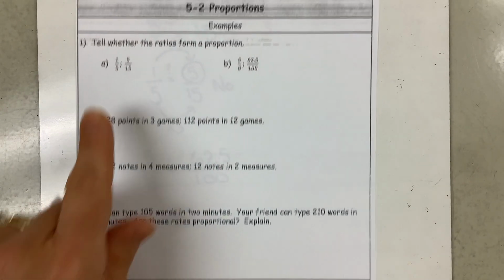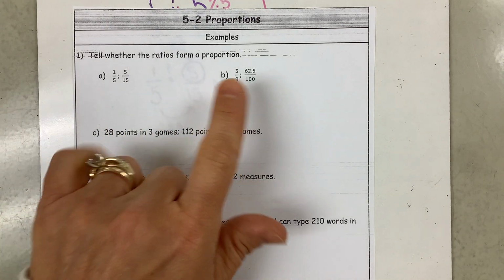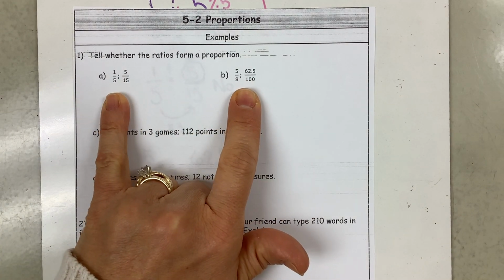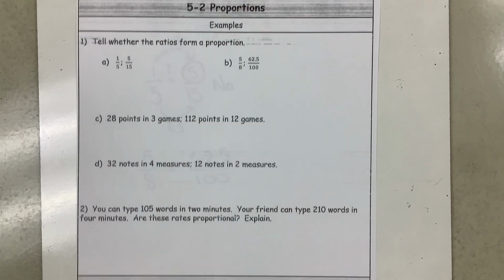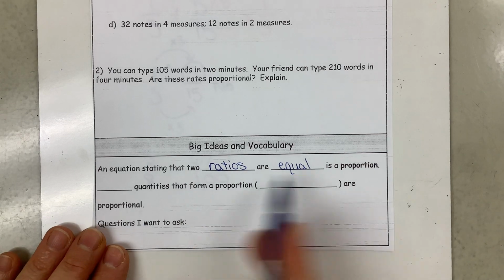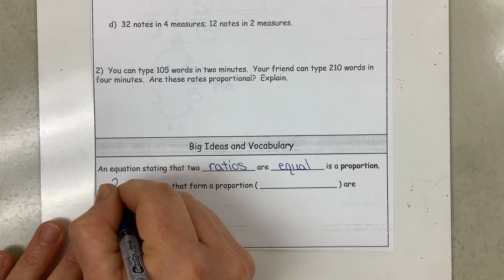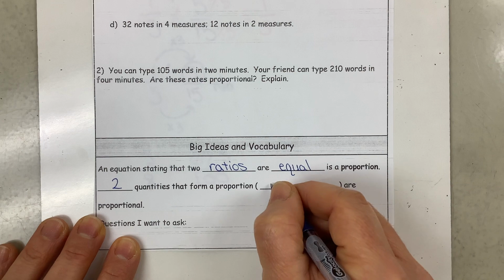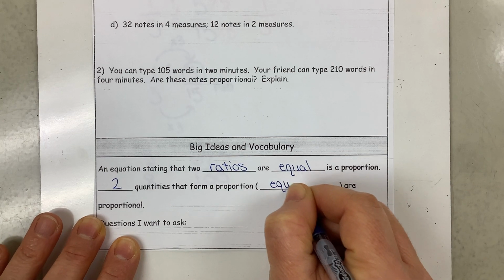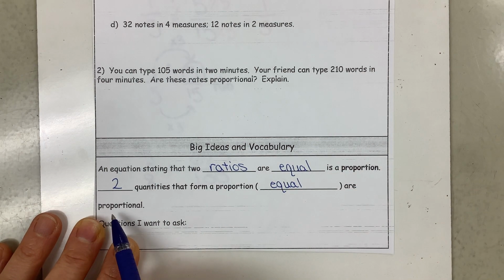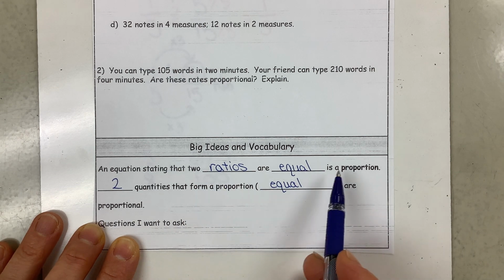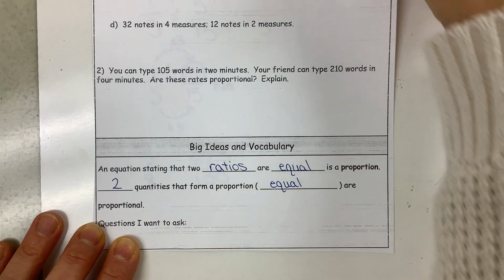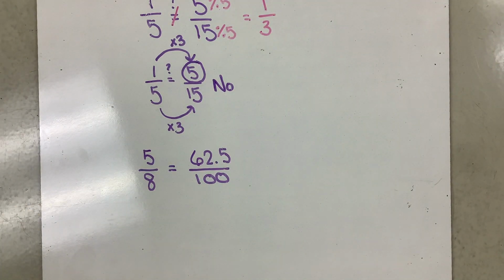So what we're doing here in part 1 is we're saying, could we set these equal? Would it be true if they were equal? Okay. We can also say this a different way. Two quantities that form a proportion, or basically are equal, are known as proportional. So if your two ratios are equal, you are a proportion, or you could say you're in proportion.